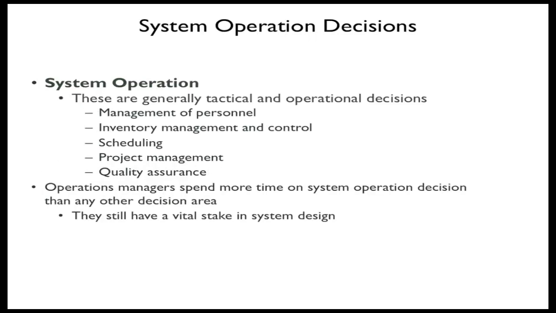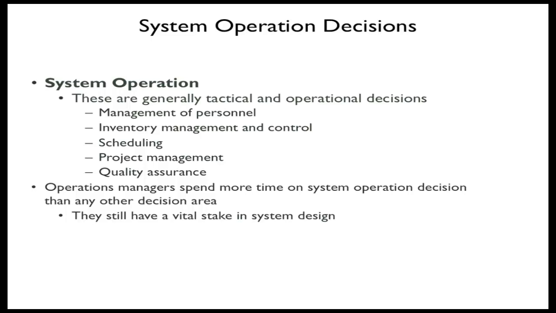The system operation decisions tend to be tactical and operational. It's the management of people. When are people coming? When are they going? How many people do we need? Do we need to fire someone? Do we need to hire someone? Inventory management and control: how much lettuce are we going to buy? How many tomatoes? How much do we have on hand? How much did we throw away because it got rotten?